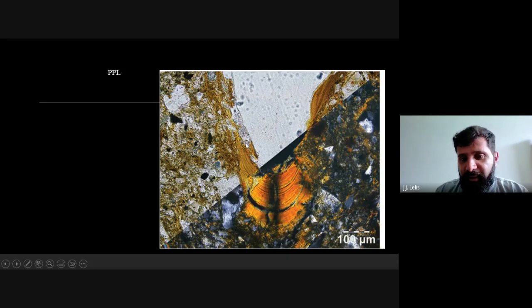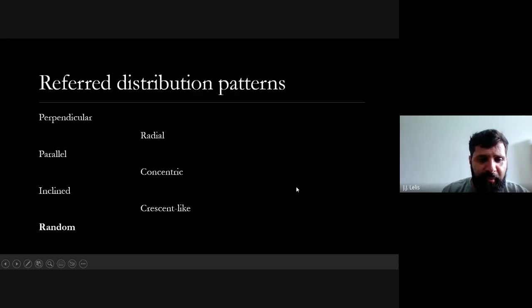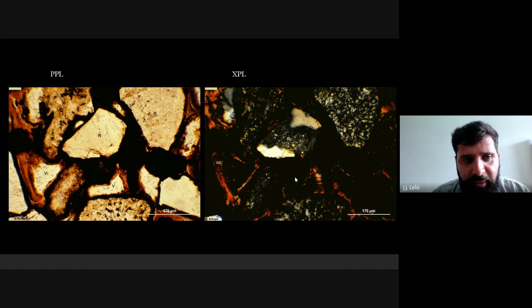We can see this crescent-like material where we can see some layers very easily, but they did not form a concentric shape. And of course, we can see a random distribution, like these fragments of rocks that are randomly distributed with respect to the surface of the soil or the boundary of this horizon.